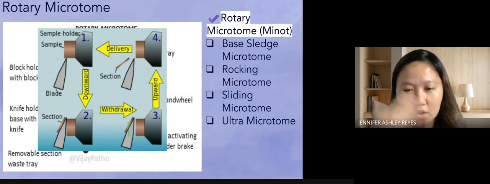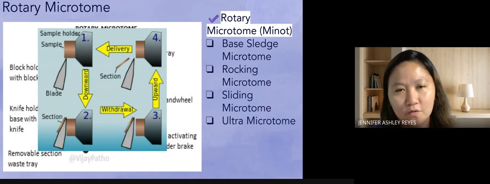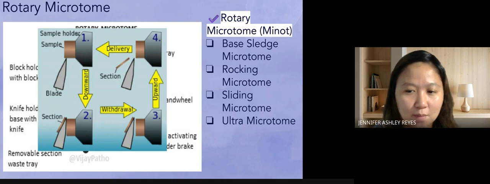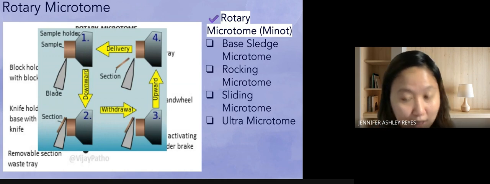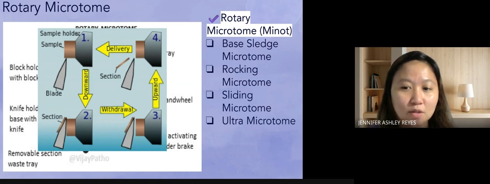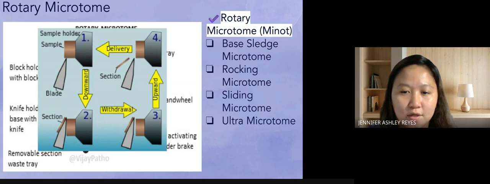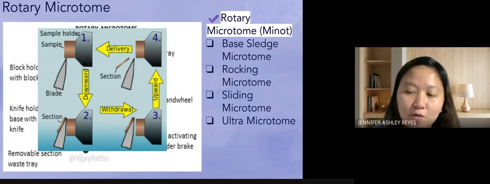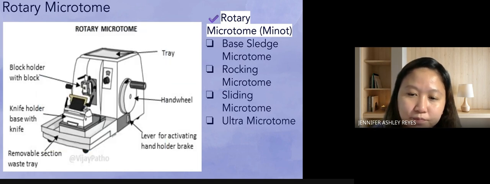But you withdraw it for a certain clearance angle before it goes back up to the original position. So that's why it's like moving in rotations also when you are performing microtomy.